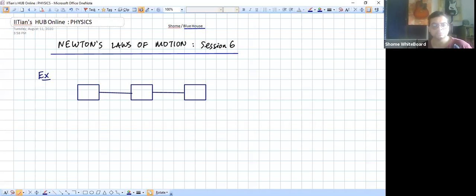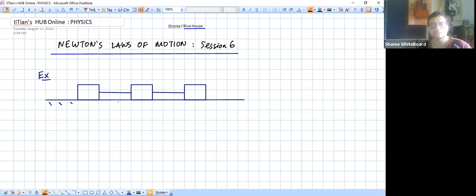Now, one more important aspect about these threads and strings we should understand at this stage. Not only are they very light, so we can call them massless. Now, of course, nothing is perfectly massless. Their mass can't be zero. But the thing is, their mass is negligible compared to the mass of the blocks, etc. So we can call them approximately massless. A better way of expressing it is that we'll say that they have negligible mass, or that they are very light.